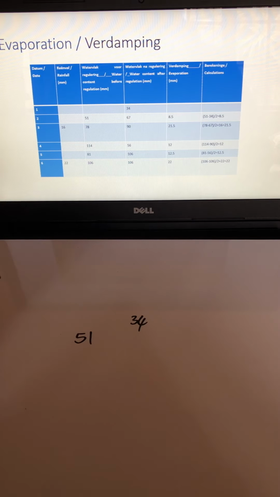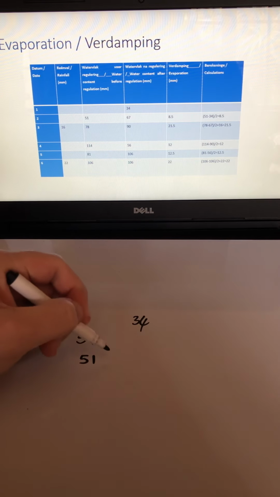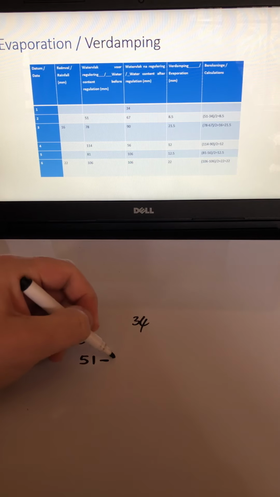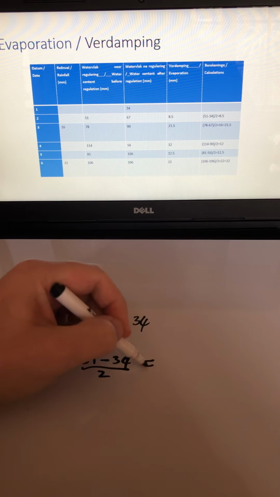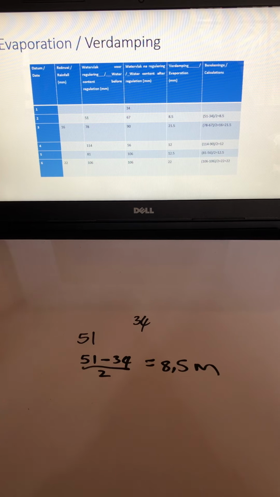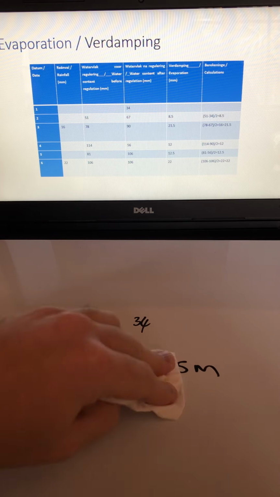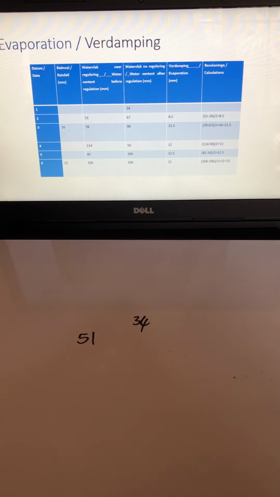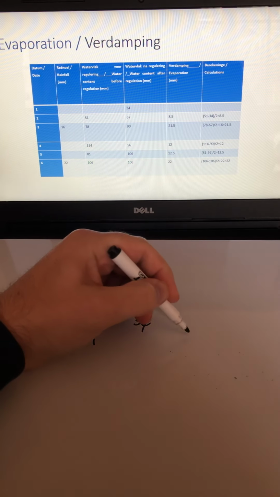So the question is, what was the evaporation that occurred in that day? So you'll take the 51 and you'll minus it with 34, and then you'll divide that by 2, and you get 8.5 millimeters. Okay, so now the amount of evaporation was 8.5 millimeters. So you'll write that in.